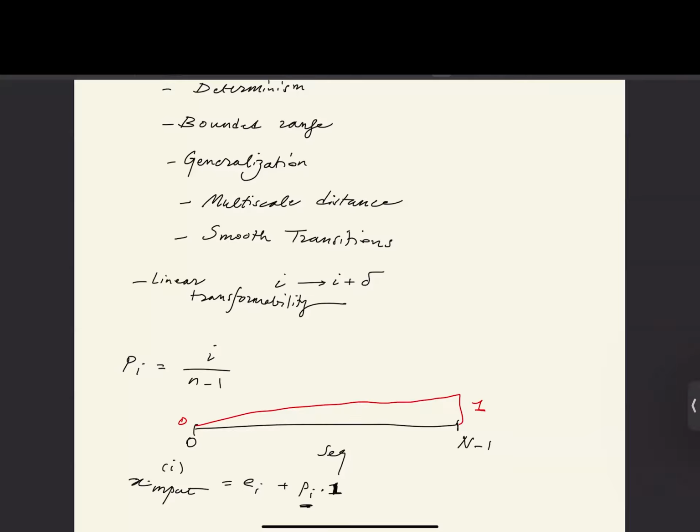Okay, so let's look at this simple encoding. One issue here is linear transformability. If you look at this, all of these encodings are parallel vectors of direction one. So they all point in the same direction and only differ in magnitude. So if you write the score between E_i and E_j, this will be like adding the same global bias to everything.